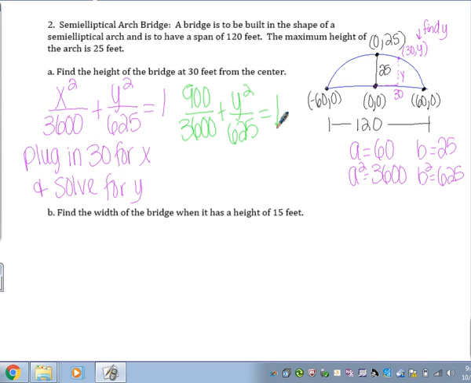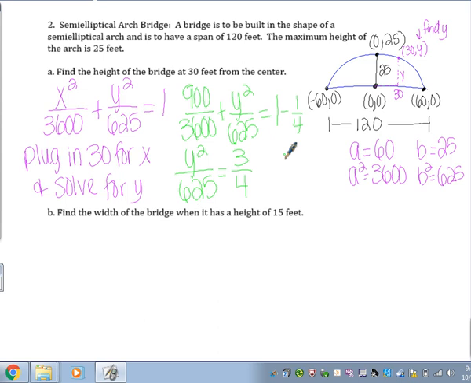900 over 3,600 reduces down to what? 1/4, and I'm going to bring that over and subtract it. So I've got y squared over 625 equals 1 minus 1/4, which is how much? 3/4. How do you want to solve this? Let's cross multiply.